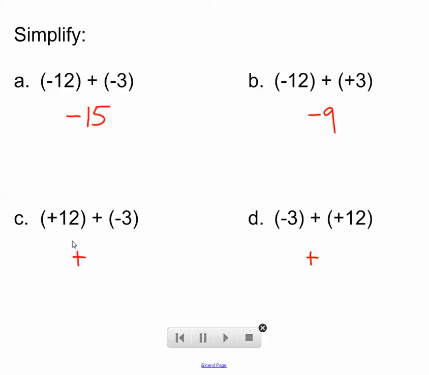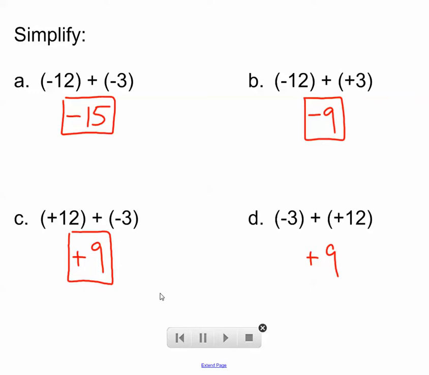C, numbers with different signs, subtract their absolute value. 12 minus 3 is 9. And same thing on D, numbers with different signs, so subtract their absolute value. 12 minus 3 is 9. And there's our four answers. I guess another combination that we could have on there is positive 12 plus positive 3, but that's pretty obvious that that would be 15.